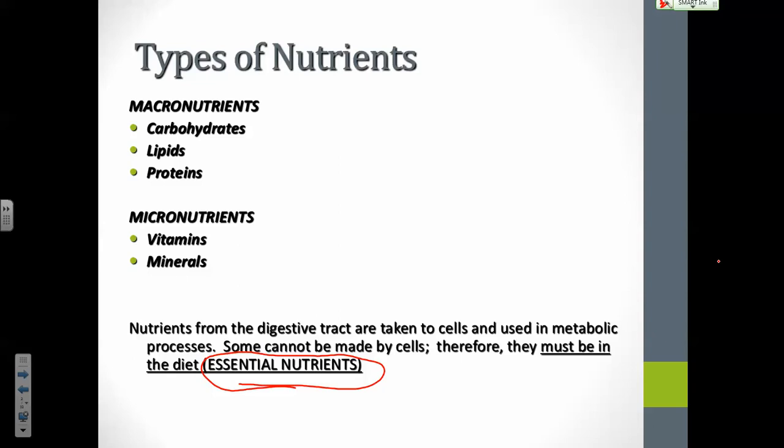You already have a lot of carbon, hydrogen, and oxygen in you, and you can make some nutrients because you have the enzymes to make them. But for other ones, you lack the enzymes, so you have to get them already made in the food that you eat. Those kinds of nutrients are what we call essential. They must be in the food that you eat.